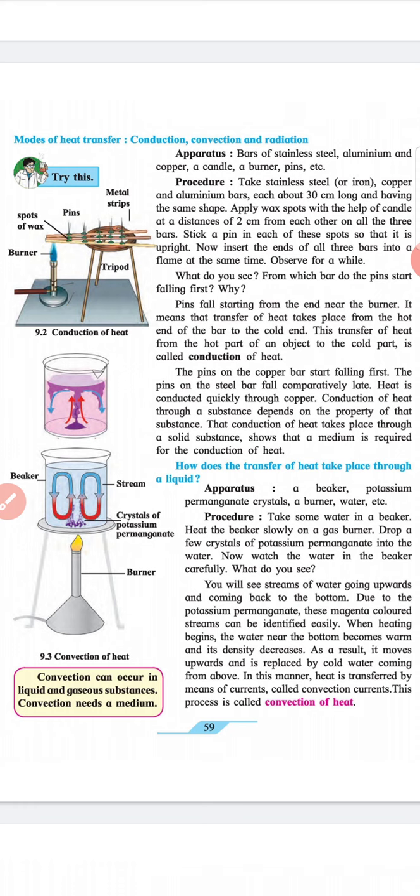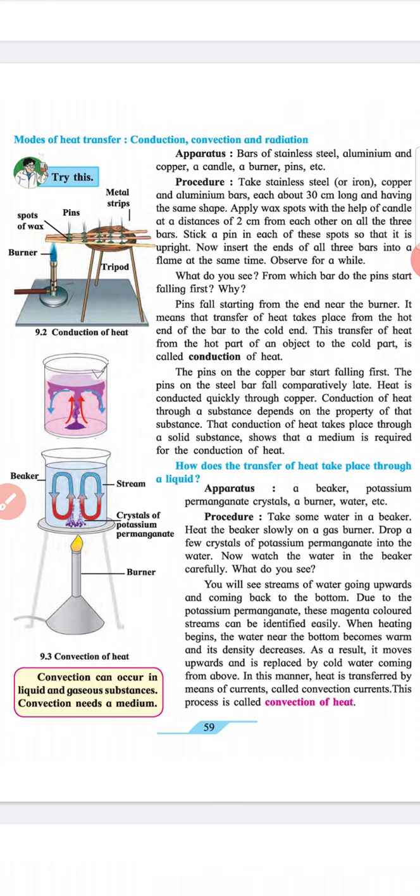It means that the transfer of heat takes place from the hot end of the bar to the cold end. This transfer of heat from the hot part of an object to the cold part is called conduction of heat. The pins on the copper bar start falling first. The pins on the steel bar fall comparatively late.